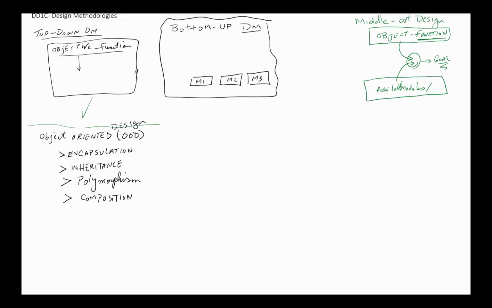So you'll have top-down design, bottom-up design, and then middle-out design. And then I used here object-oriented design, or OOD, which is a well understood software design technique, pretty well accepted these days as a way of creating modularity.